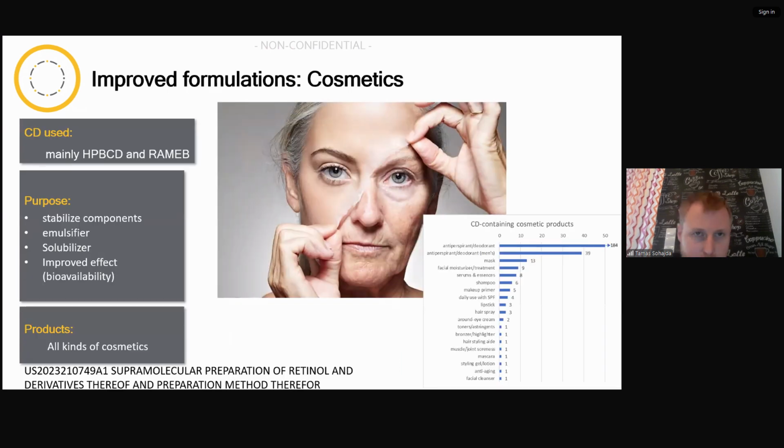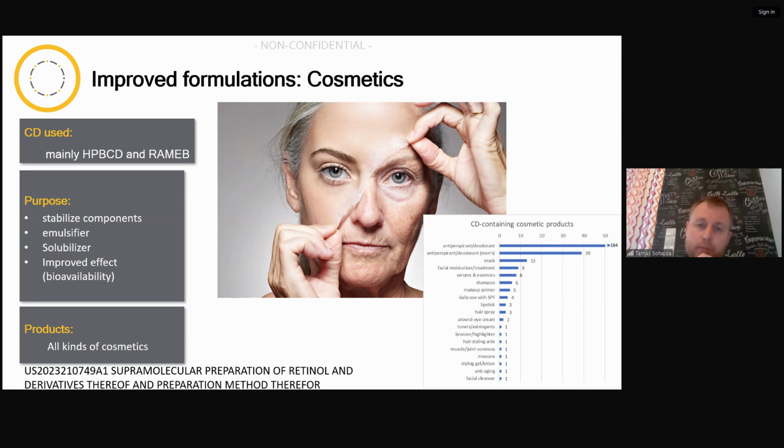So, third big topic, cosmetics. This is one of the biggest applications globally of cyclodextrins. Of course, when we read the articles, we mostly read about all the pharma applications and science done there. But if we look at marketed products, here you can see on the right, numbers are way past the 200s, and probably that's even an underestimation of what's actually available in the cosmetic field.